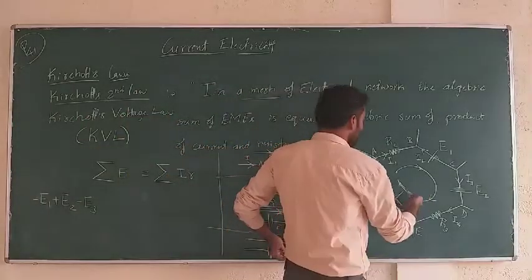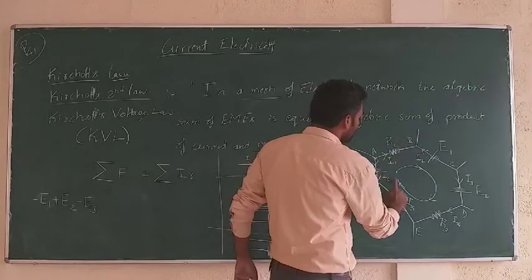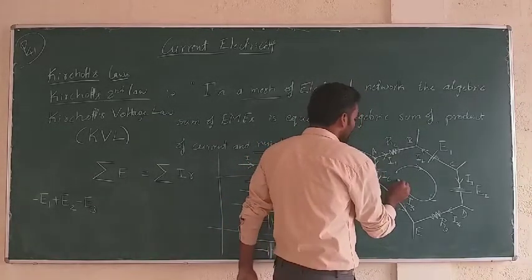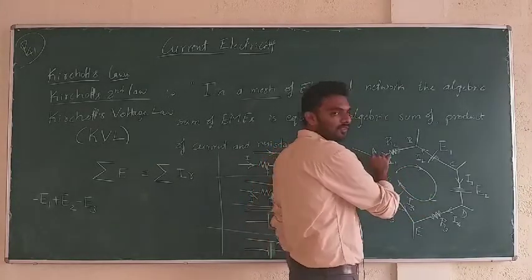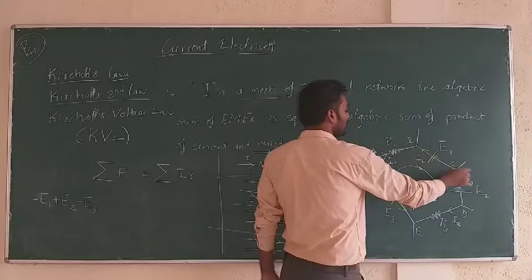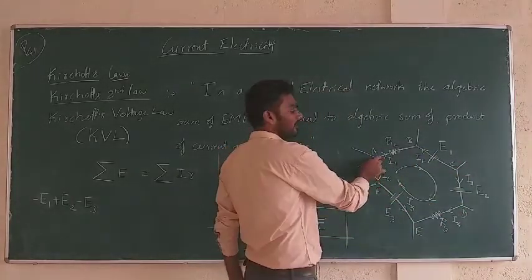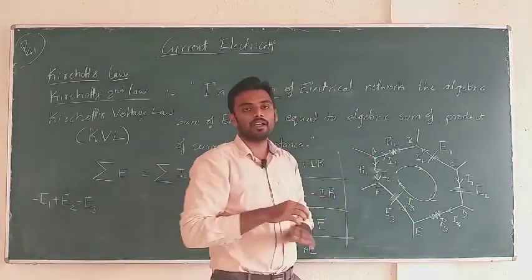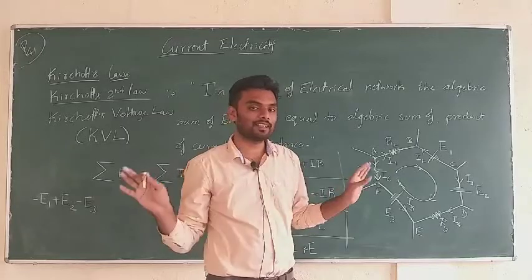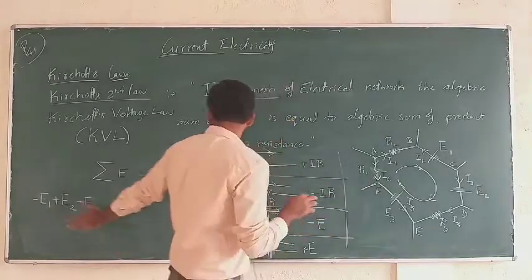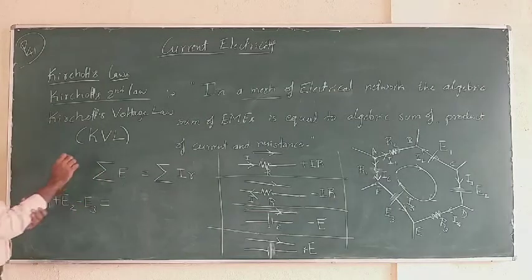I keep on moving, and I see one more resistor, and the traversal ends again: A to B to C to D to E to F to A. The path is complete. We have covered all the EMFs, all the cells in the path are clear, EMFs are noted. So the LHS of the equation is done.